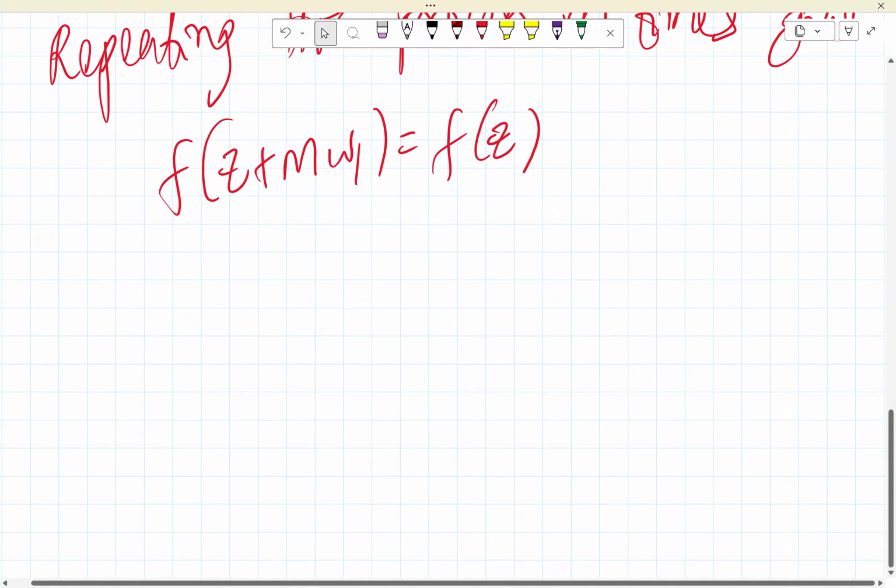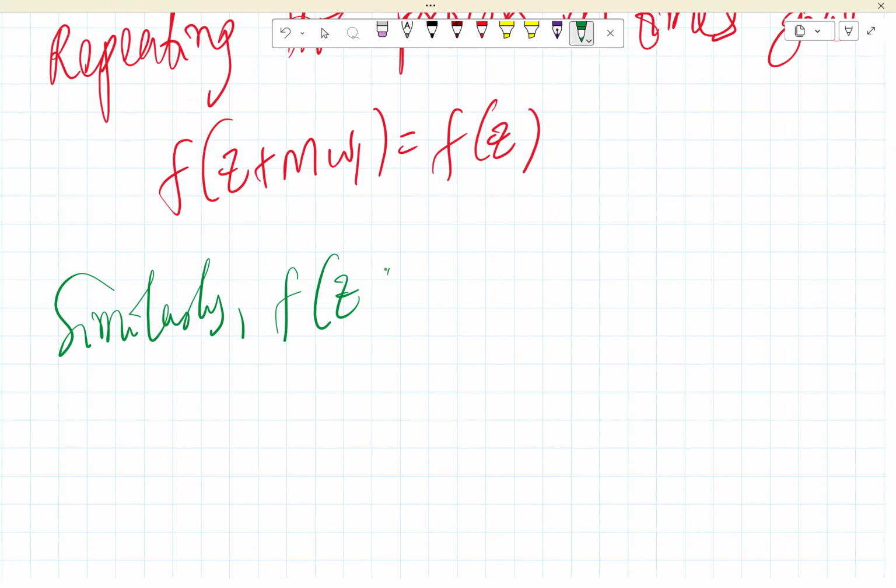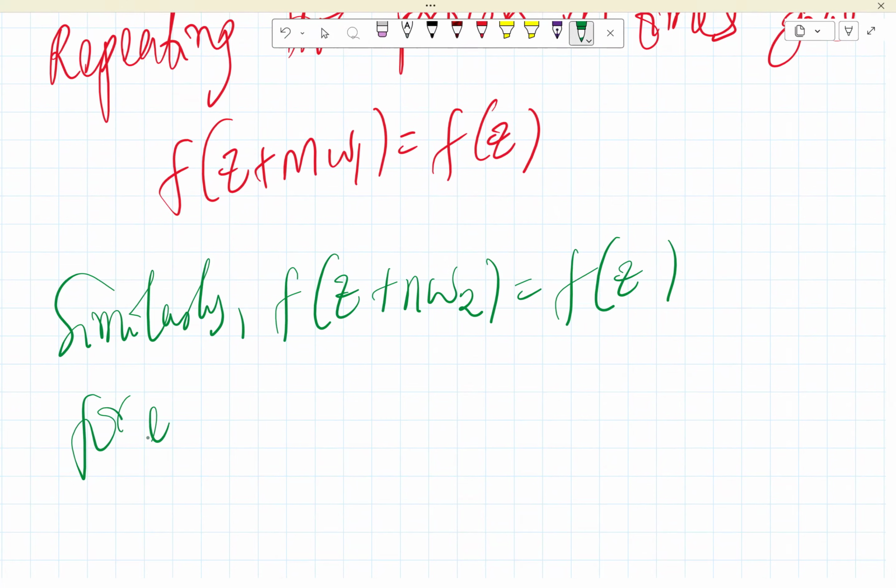Similarly, f of z plus n omega 2 is equal to f of z, like we already know, for every positive integer n.